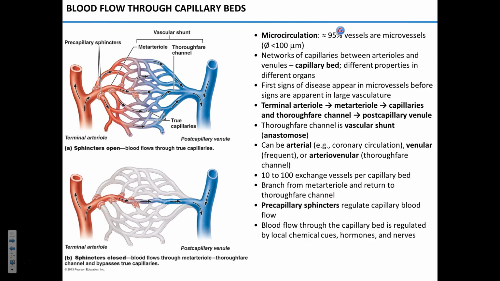Capillary bed. Capillary bed is the set of capillaries that is located between a particular arteriole and particular venule. So, if you would look at basically any tissue in the human body, there will be a lot of arterioles and a lot of venules and a lot of capillary beds.